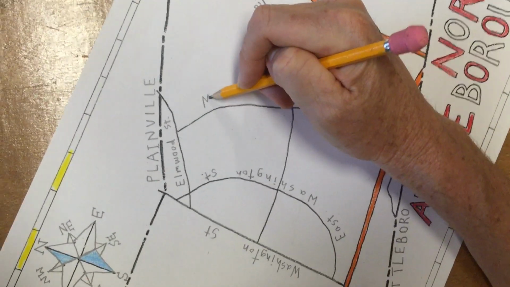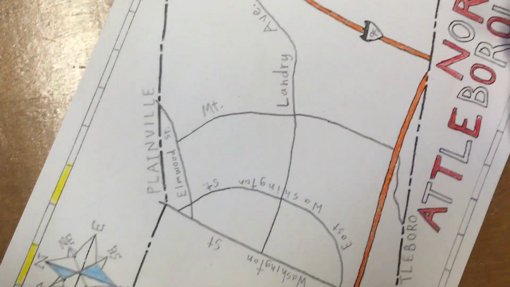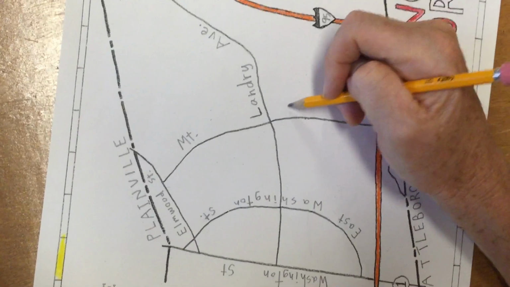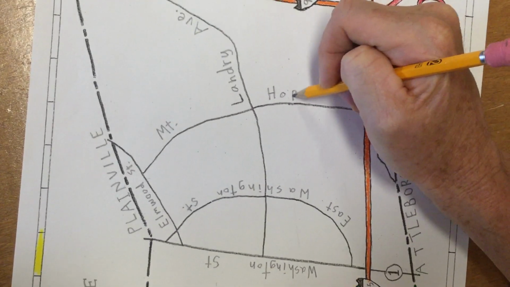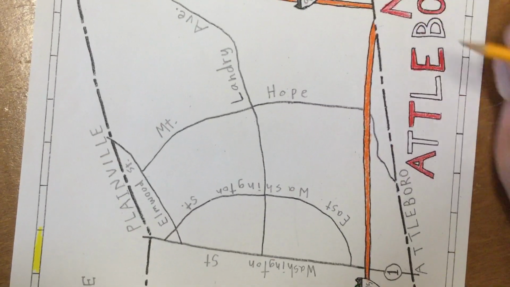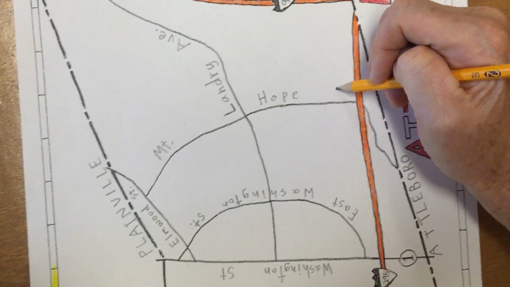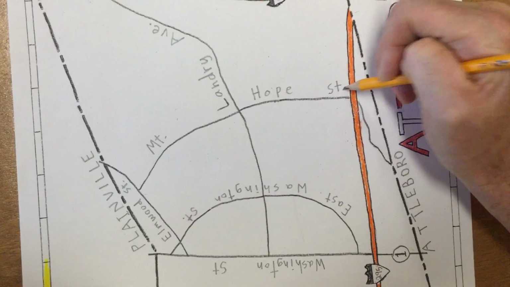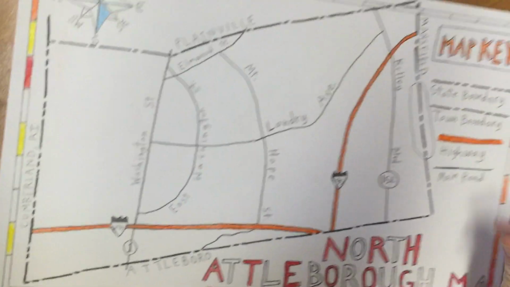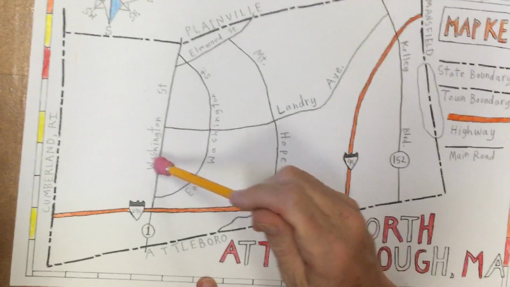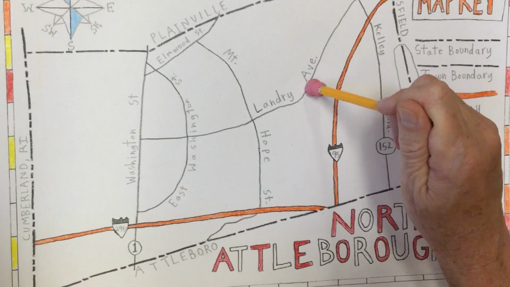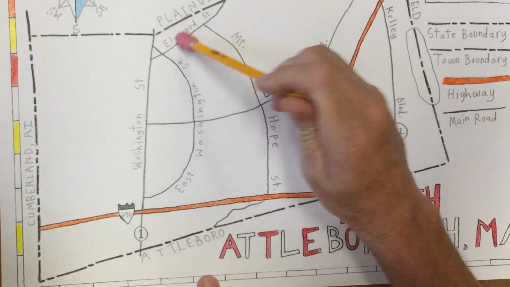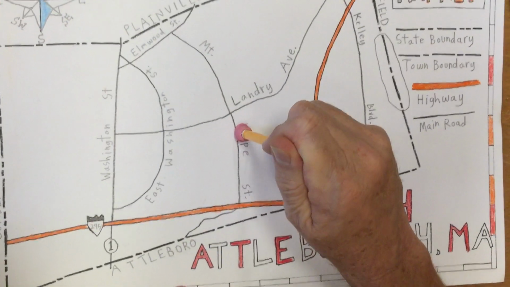You can abbreviate Mount MT period, and then Hope, HOPE, and then Street, ST. Let's count the roads so far. 1, 2, 3, 4, 5, 6.